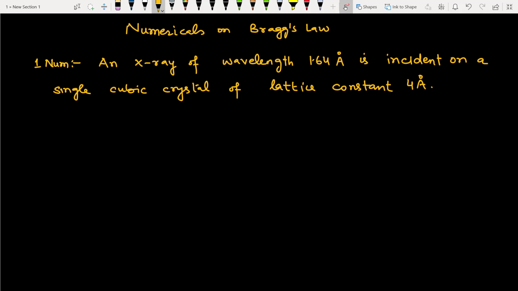Find the angle for first and second order diffraction.